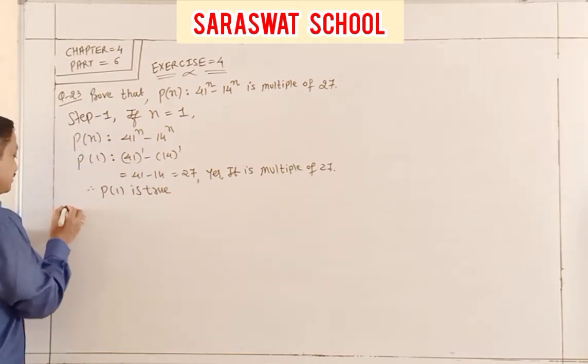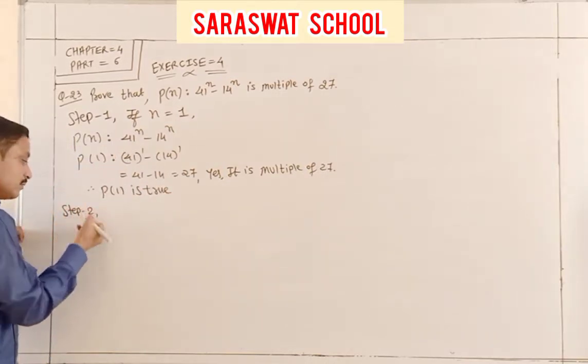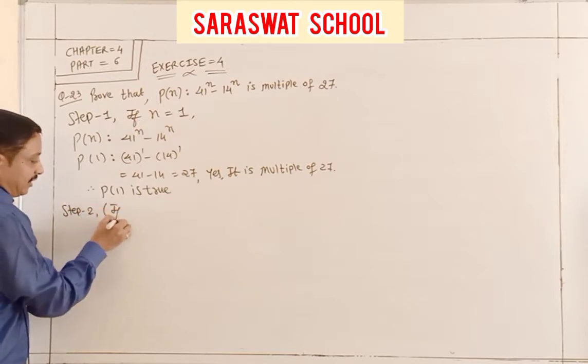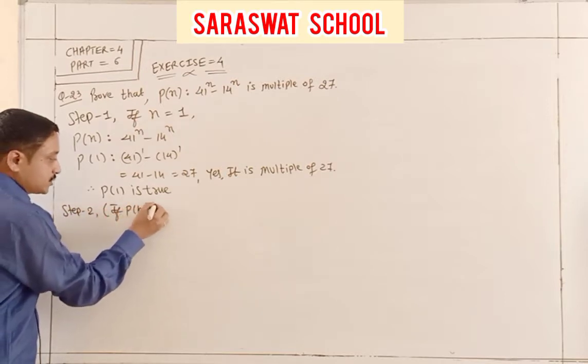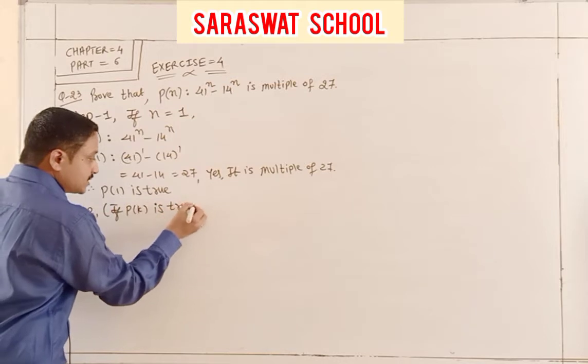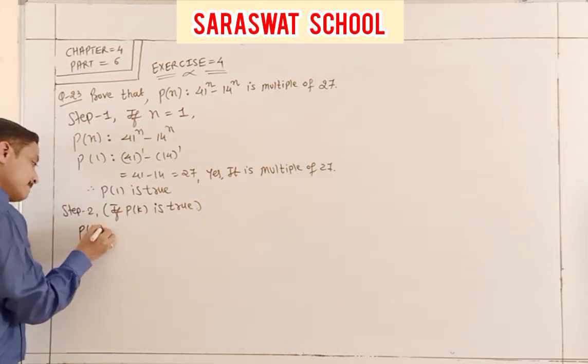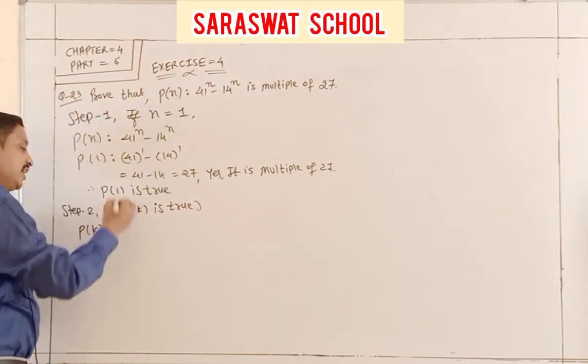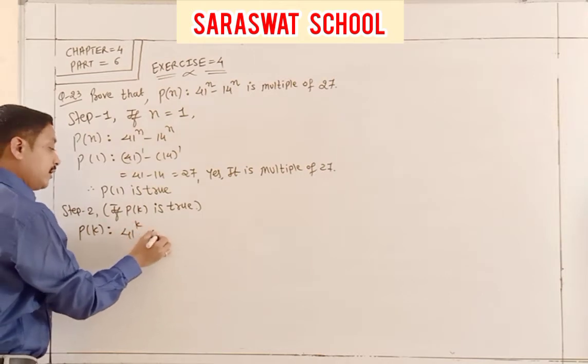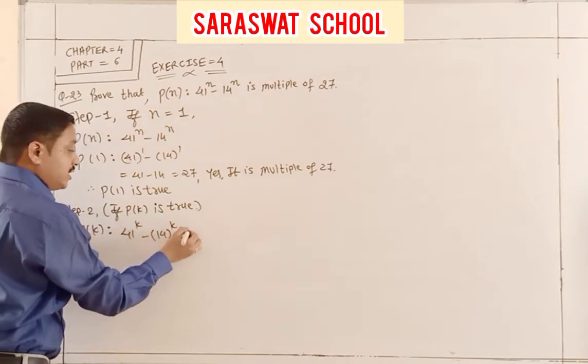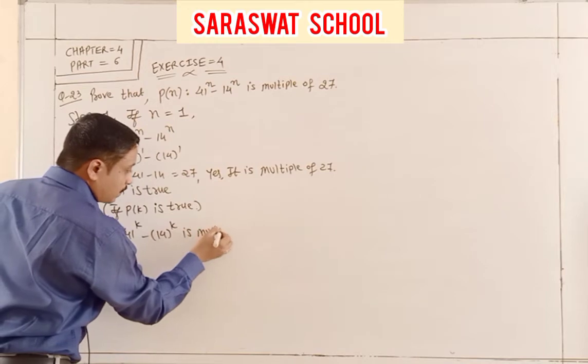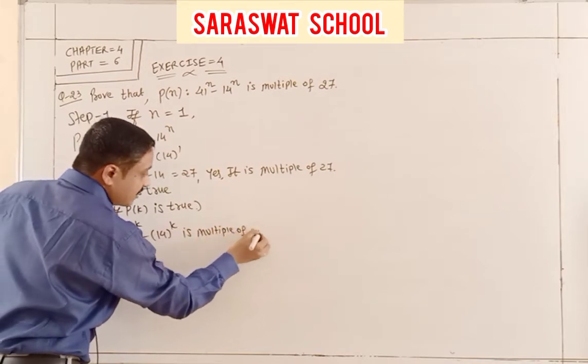Continue. Now step 2. My step 2 is if Pk is true. Yes students, now what is the P of k? This full equation again, right? 41 raised to k minus 14 raised to k is a multiple of 27. What do I mean by multiple of 27?